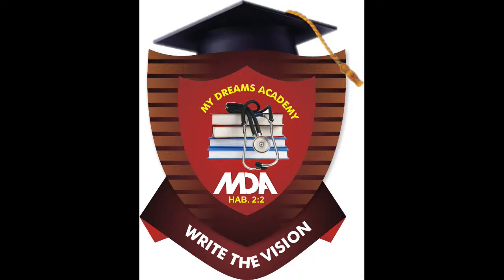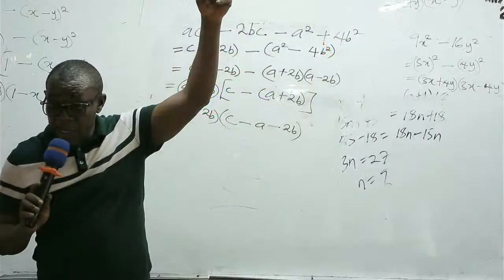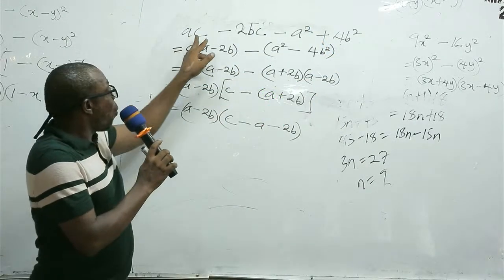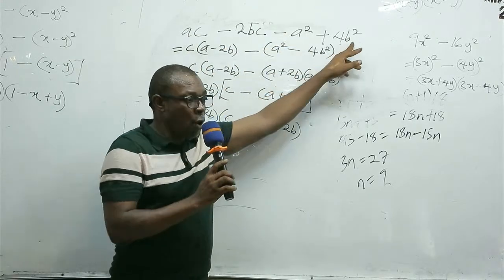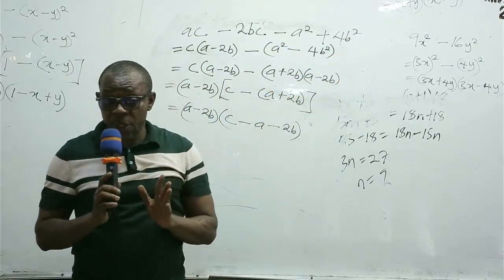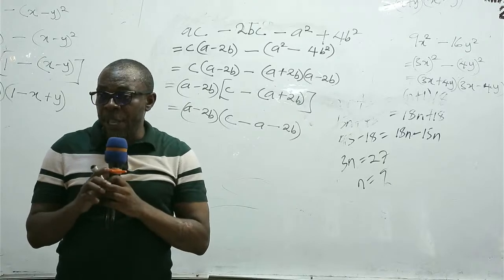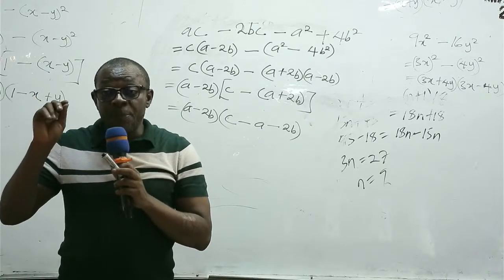Look up, class. Class, look up. I know you wanted us to solve this problem the same way we solved the first one, whereby we have 1, 2, 3, 4 terms, so that we can group them in pairs.